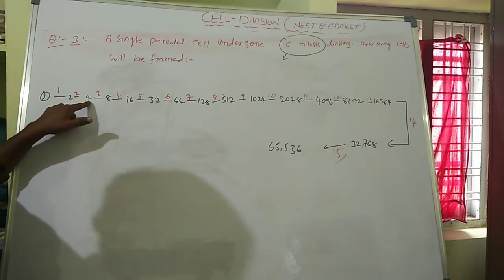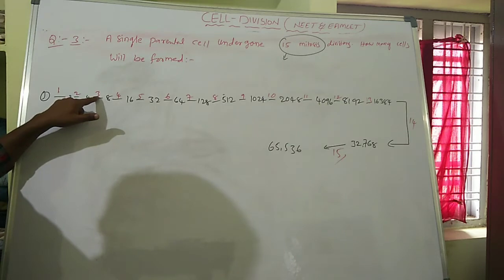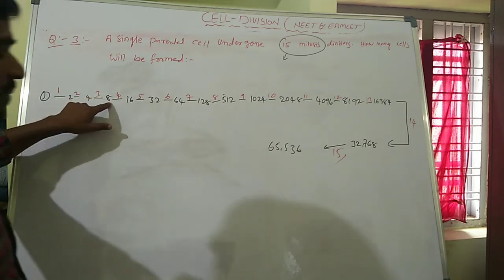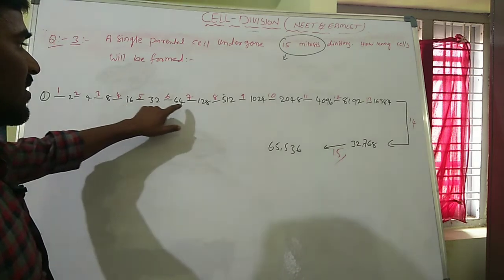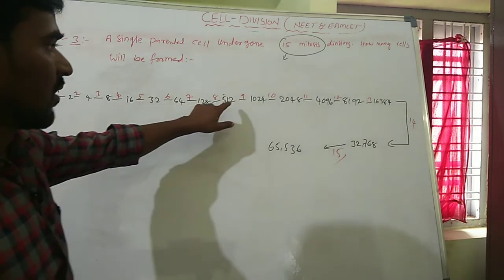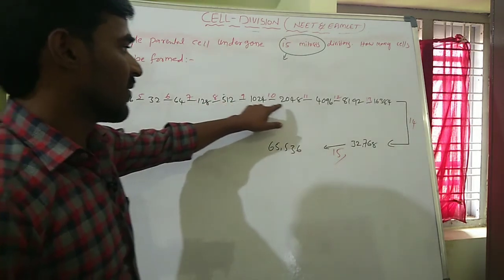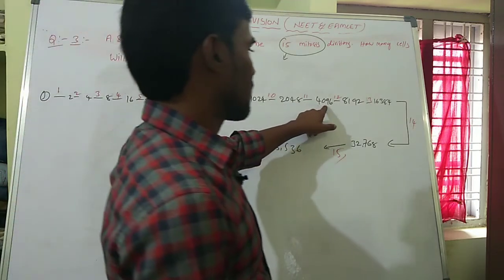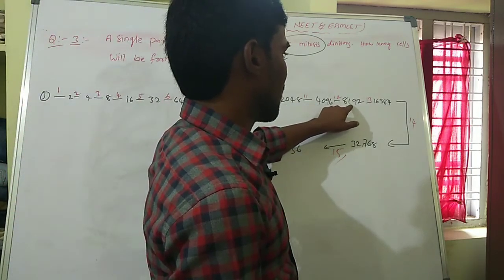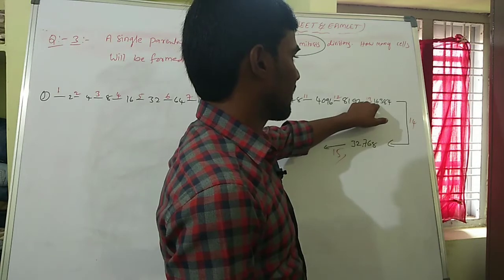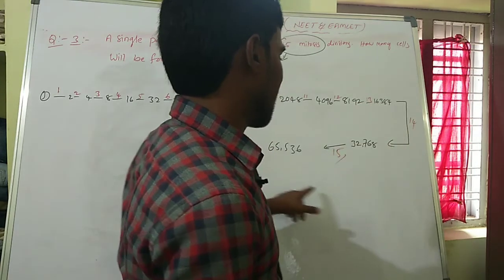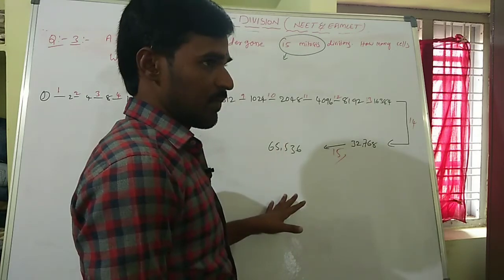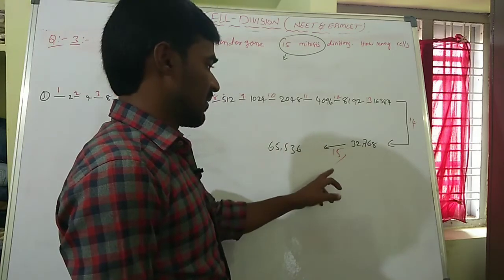Again these 4 cells, in the next mitosis division, 8 cells. Again 16, again 32, again 64, again 128, again 256, again 512, again 1024, again 2048, again 4096, again 8192, again 16384, again 32768, at last at the 15th division.